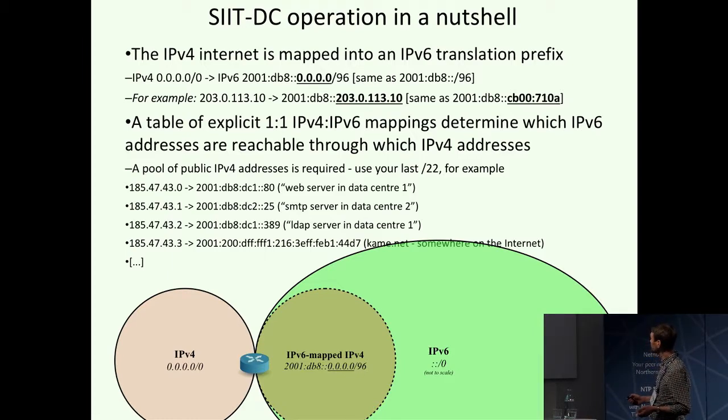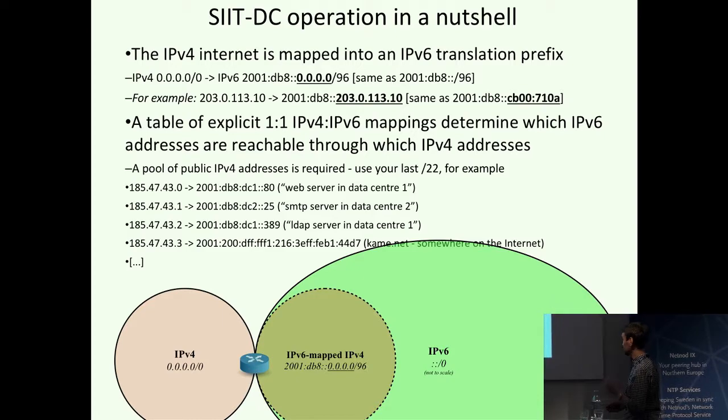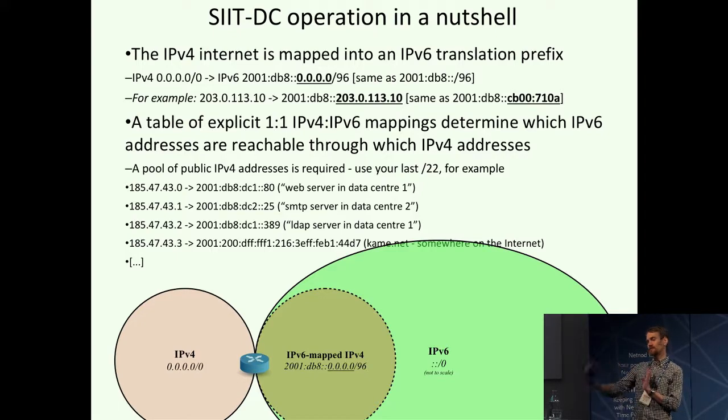So if you have this v4 address 2030 blah blah blah, and you put that next to this prefix, well, then you have a v6 address. And you can actually write it like that, and ping or whatever software you're using will recognize that as a v6 address. And then that's how you basically represent the entire IPv4 internet as part of IPv6.